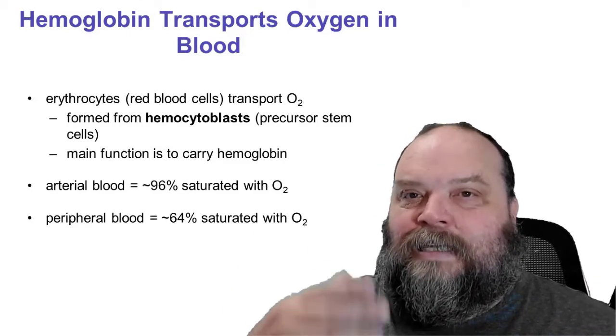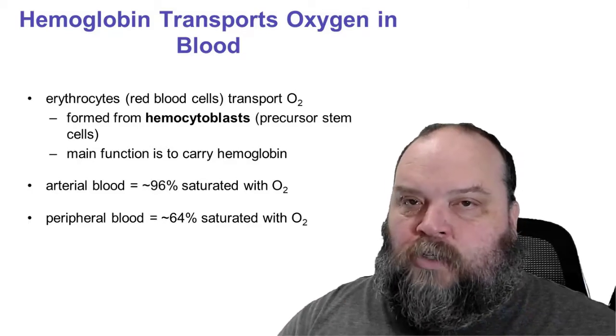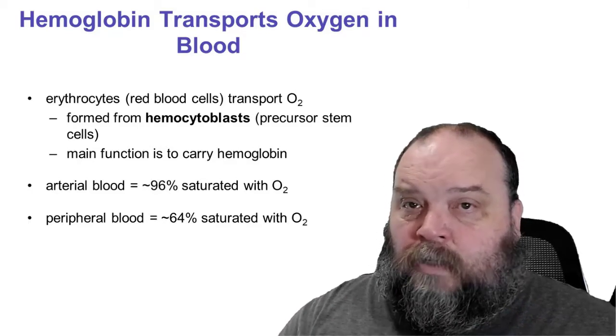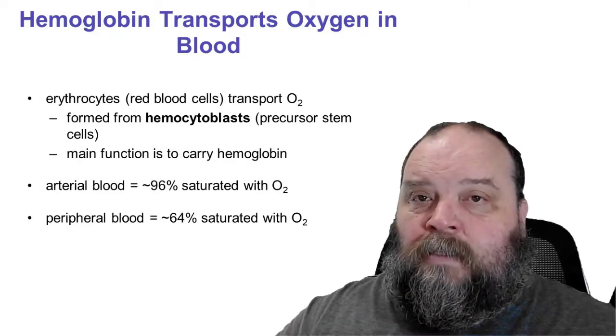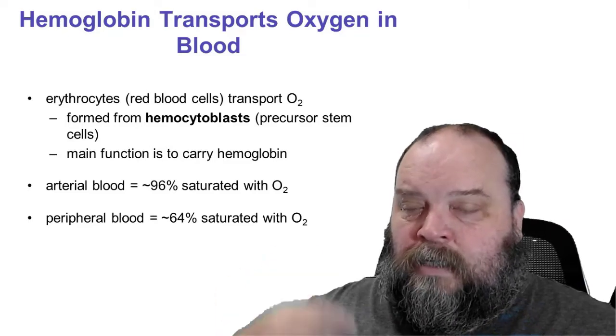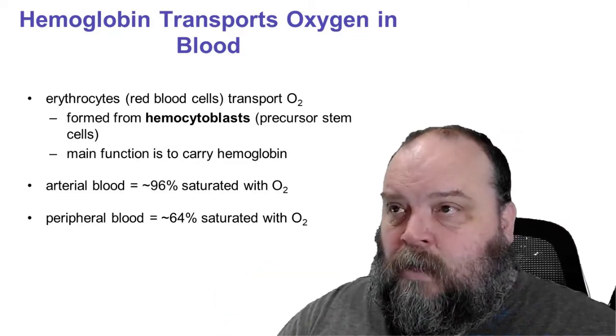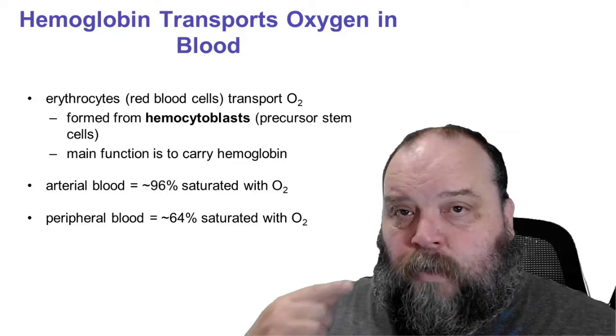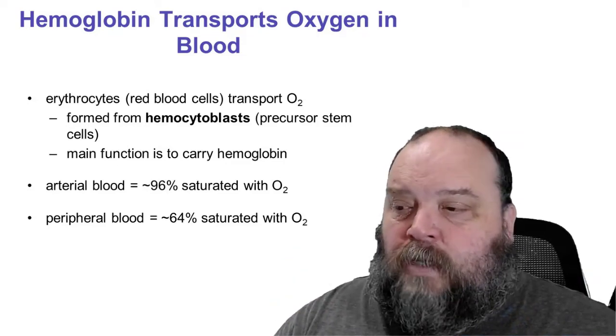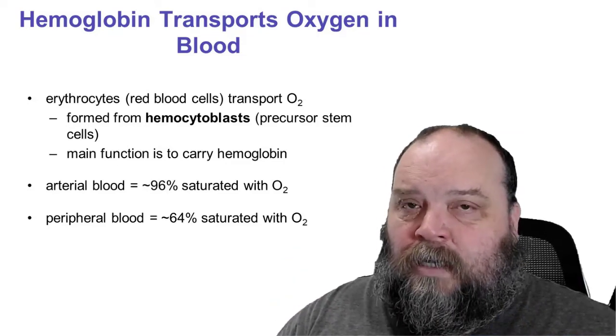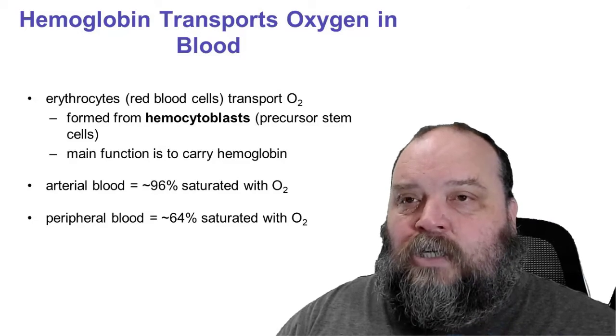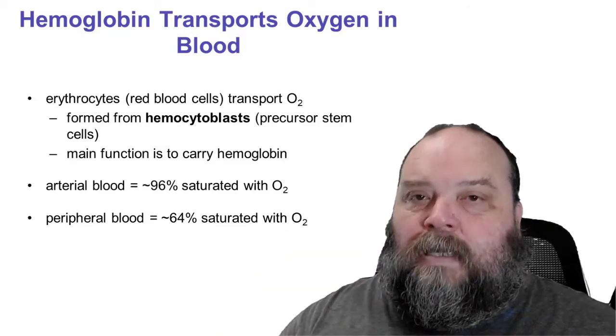Hence, 96, 94% saturation. This is arterial. This is the blood leaving the lungs, going to the heart to be sent out to the body. Peripheral, blood returning, it's about 64%. So about 30-ish% of that oxygen is released to the body.